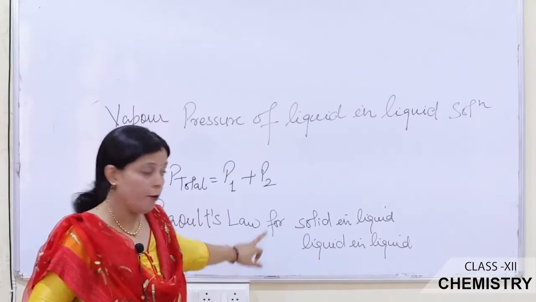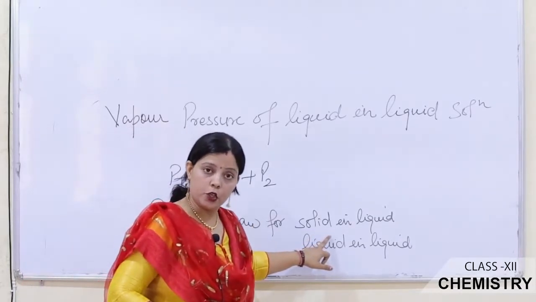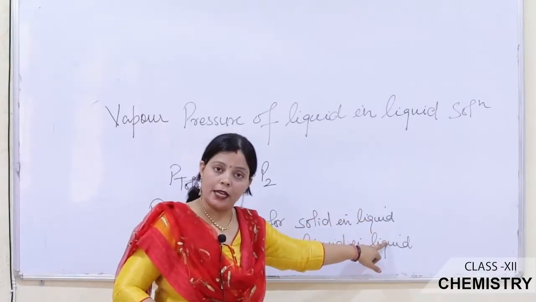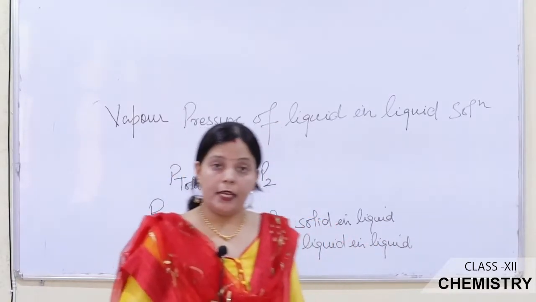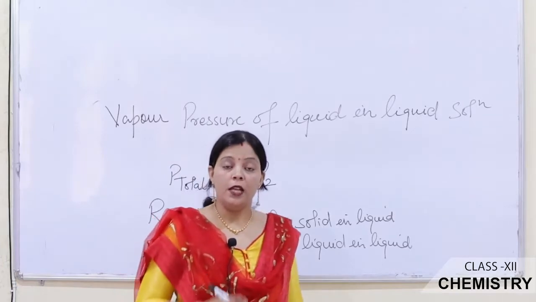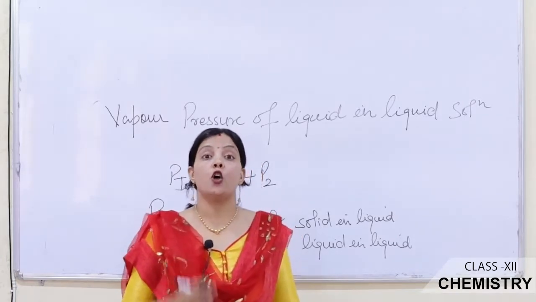According to Raoult's law, when a non-volatile solute is dissolved in a volatile solvent, the vapor pressure of the solution is directly proportional to the mole fraction of the solvent only.